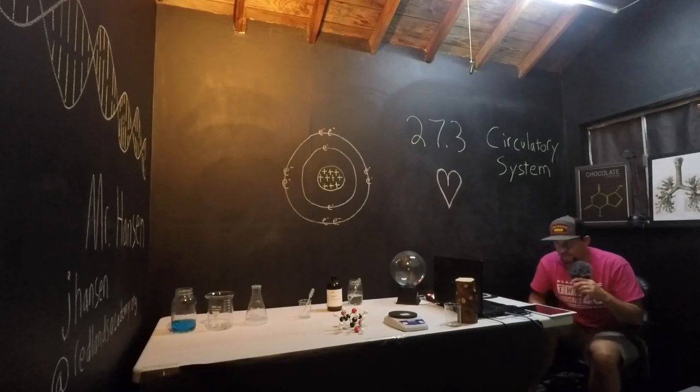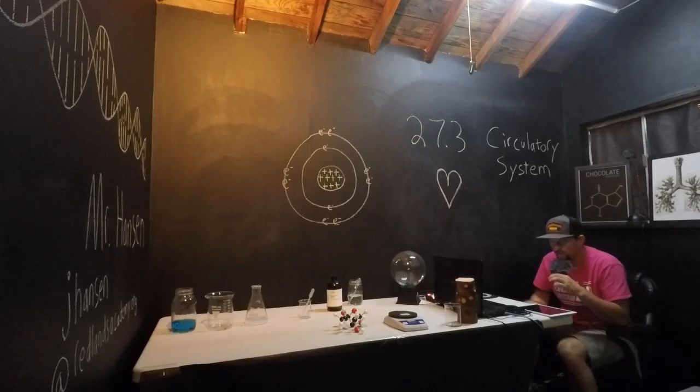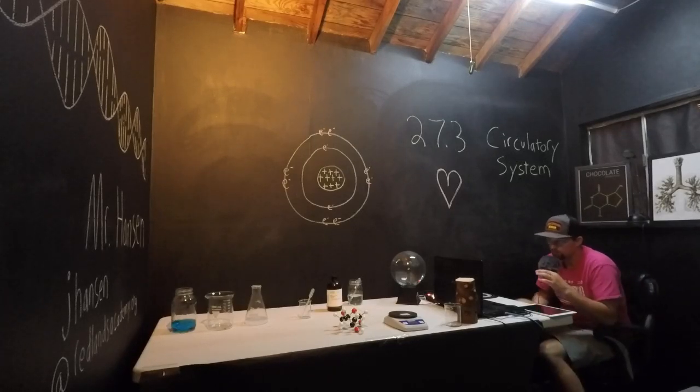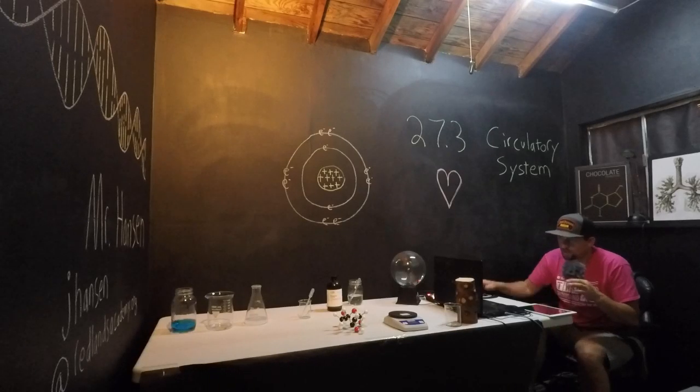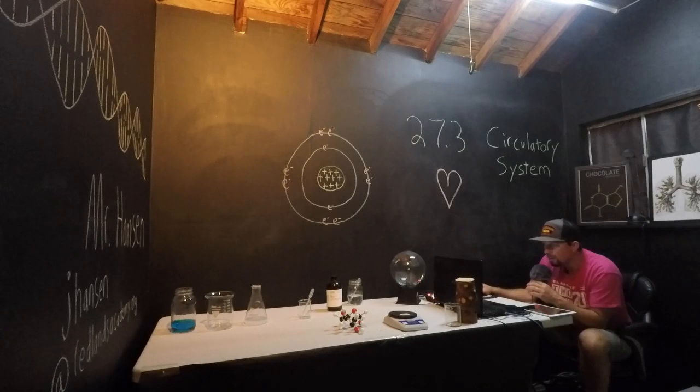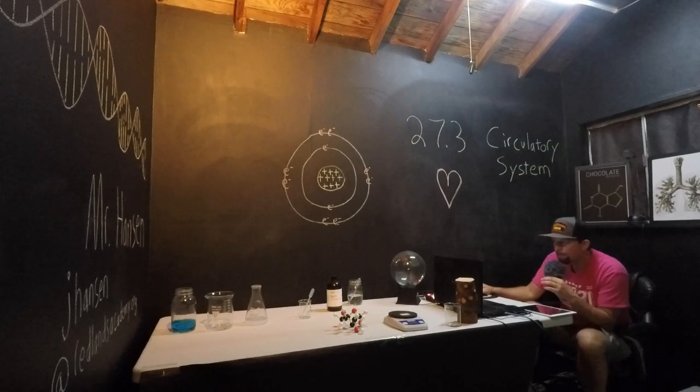It's going to actually need four chambers instead of three. If you're going to have a double loop circulatory system, then you're going to need a four-chambered heart.